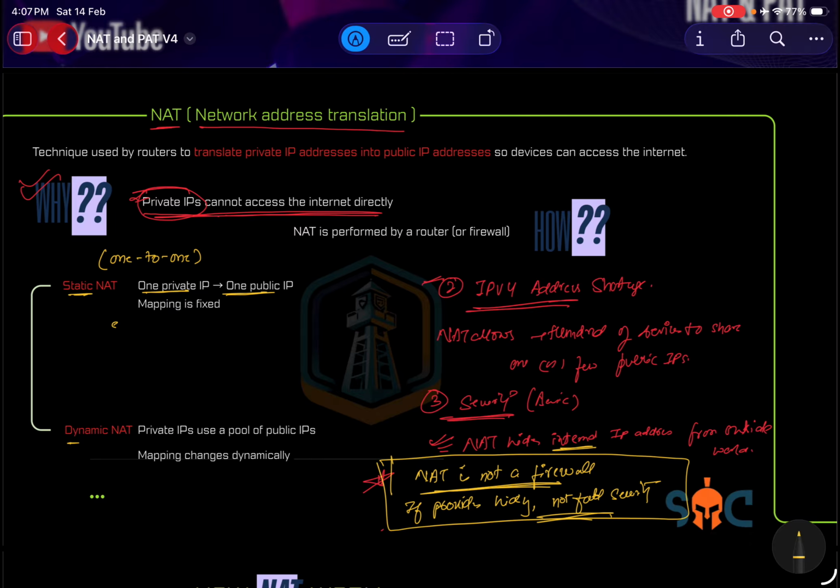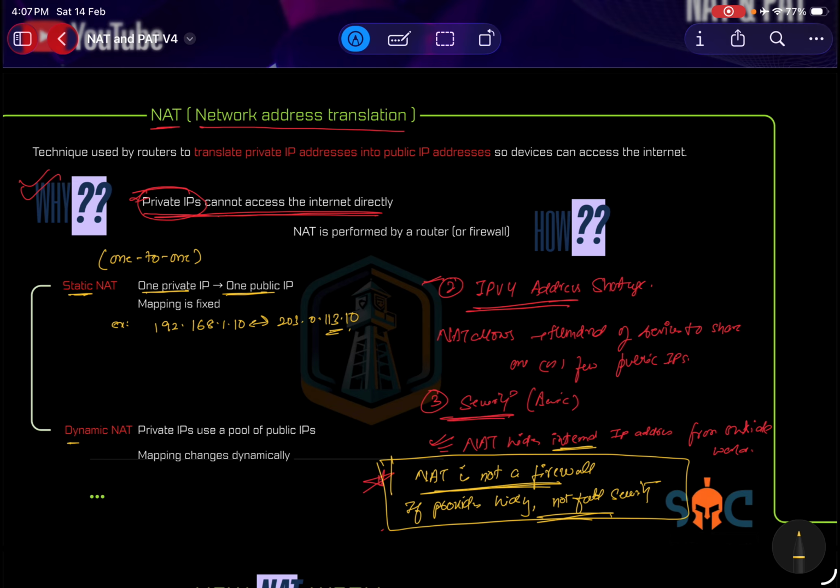So for example, 192.168.1.10 is a private IP which is assigned to 203.0.113.10, the public IP address.